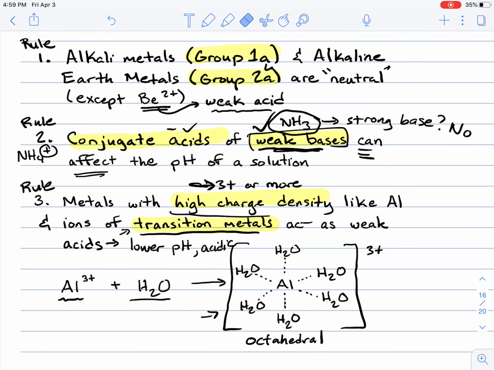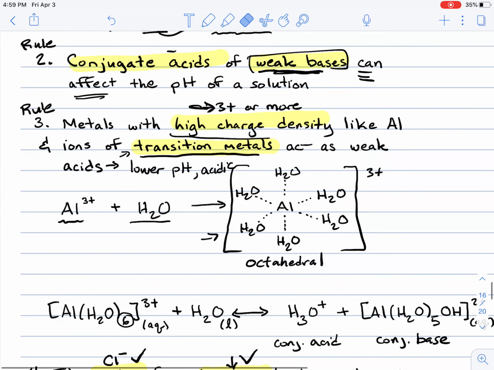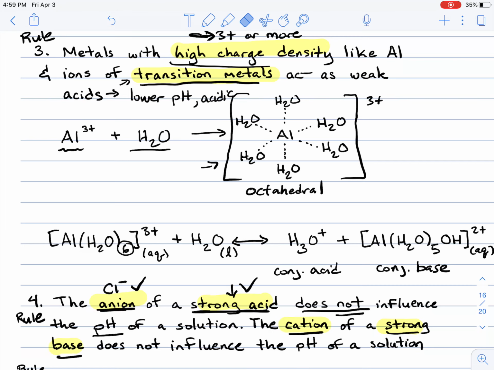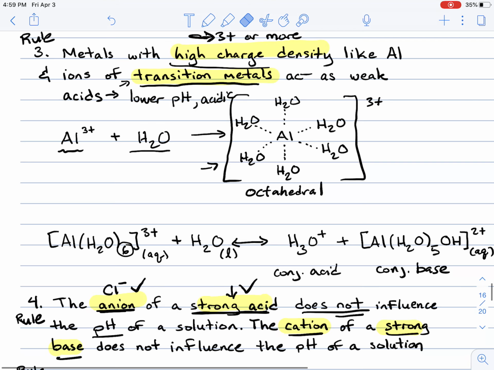F- is not group 1 or group 2A. F- is not an acid, it's a base. F- is not a transition metal, and since it has a -1 charge, it's not considered a high charge density.